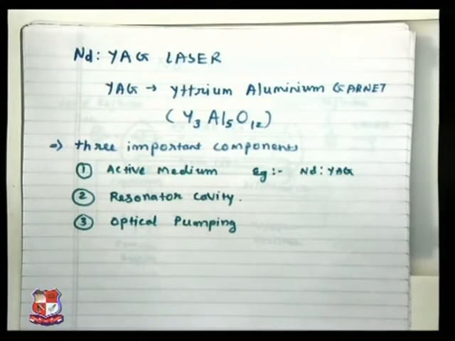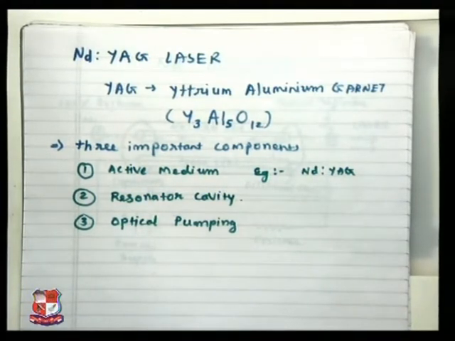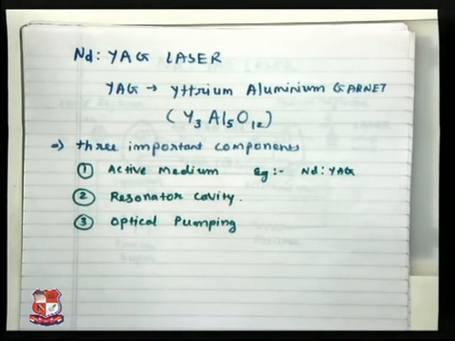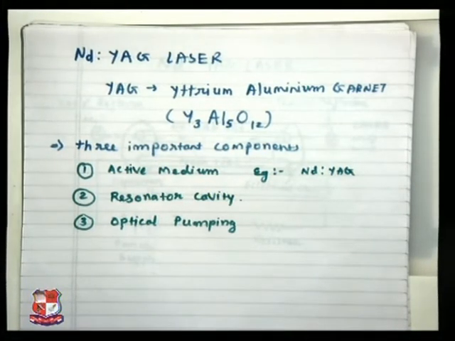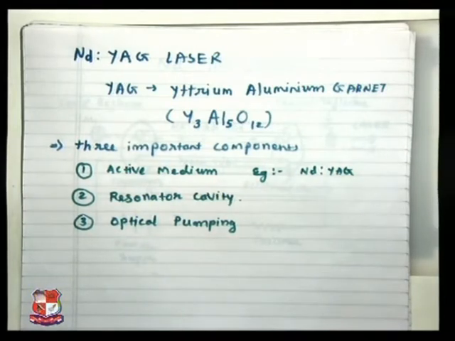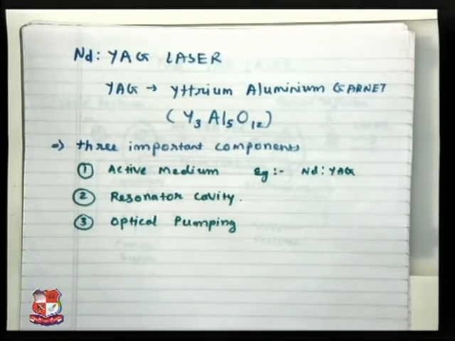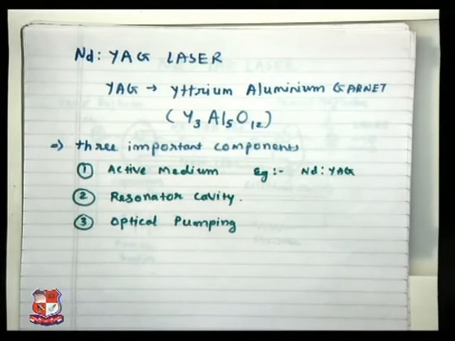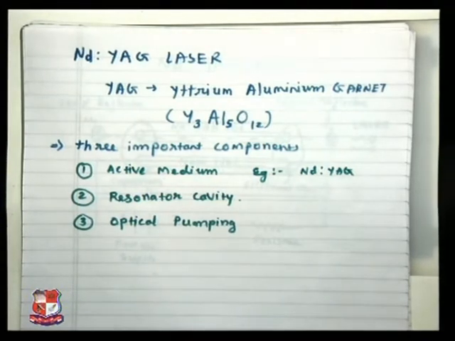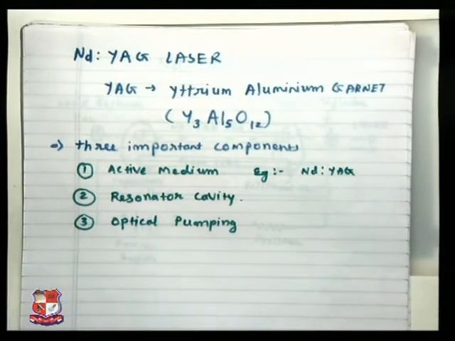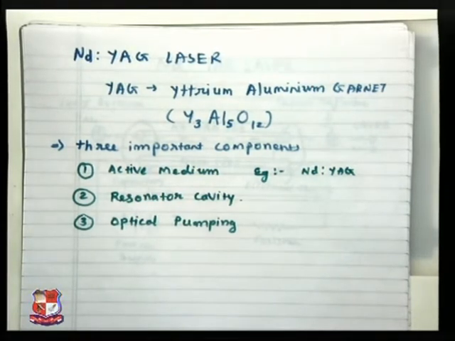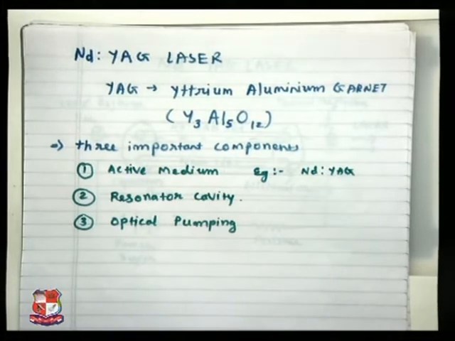Second is the resonator cavity, which is not only useful for amplification but also necessary to generate stimulated emission through which laser is generated. The third is optical pumping, the method through which you excite the atoms or ions inside the active medium. So these are the three components.